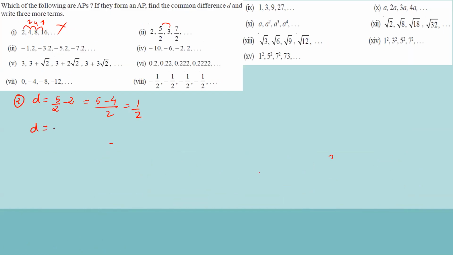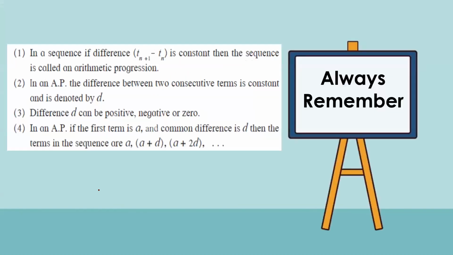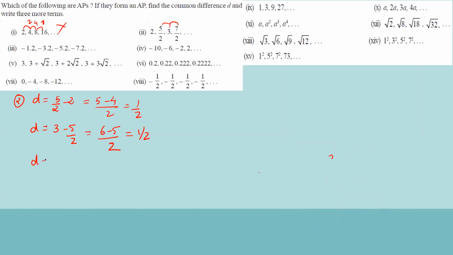So D is 3 minus 5 by 2, which is 6 minus 5 upon 2. Again 1 by 2. Now let's check for these two as well. Again D is 7 by 2 minus 3. So this will be 7 minus 6 whole upon 2. So again 1 by 2. Yes, as D is constant, this is going to be an AP.